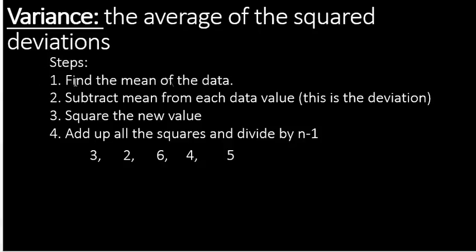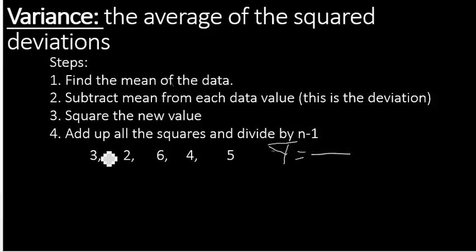So step 1 is to find the mean of the data. If you look at these pieces below, we're going to find the mean. So that means it's y bar equals, we need to find the total. So 3 plus 2 is 5, plus 6 is 11, plus 4 is 15, plus 5 is 20.